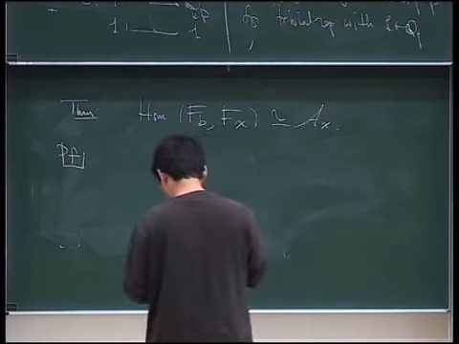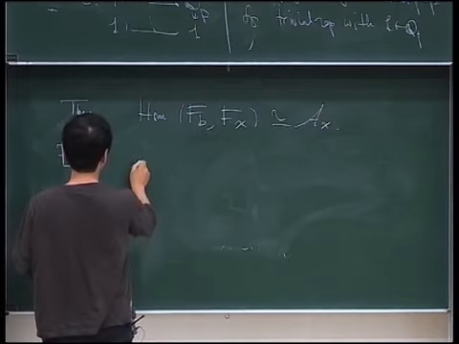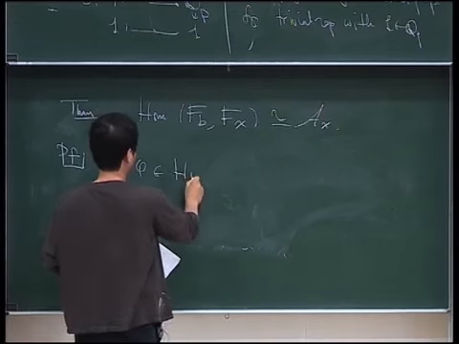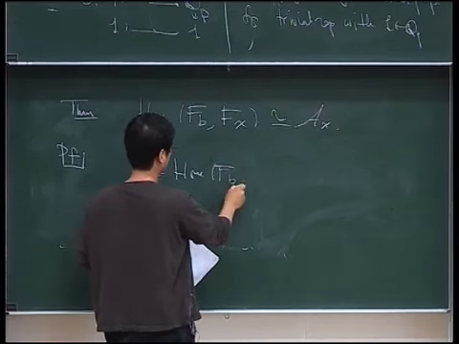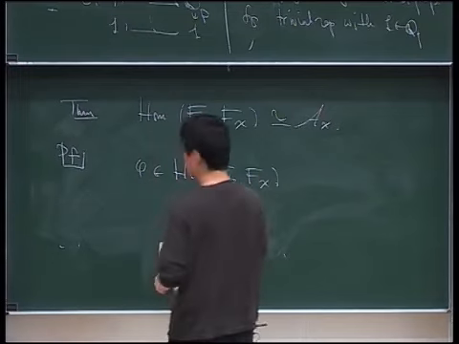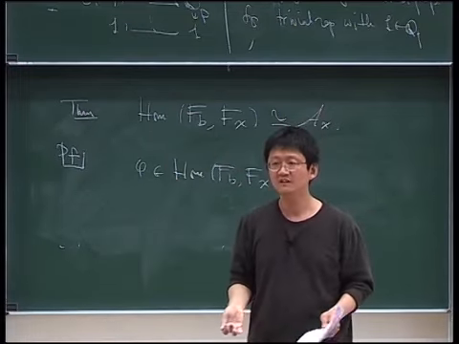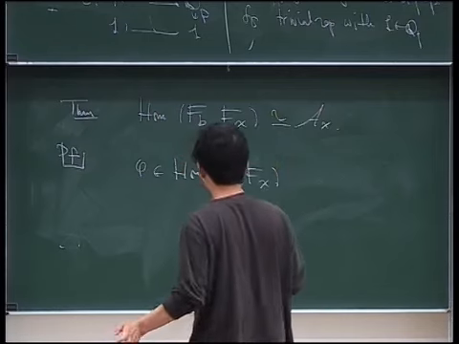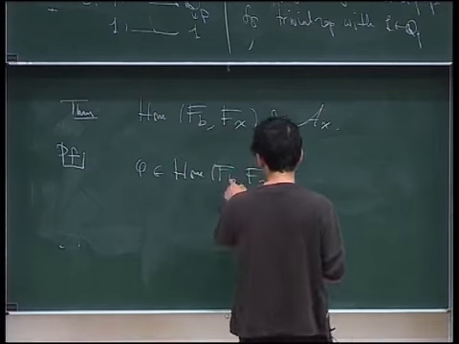Without details, I'll just write down what the map is. Suppose you take a map phi from one fiber functor to another. This is supposed to associate to every unipotent Q_p sheaf a map from the stalk at b to the stalk at x.